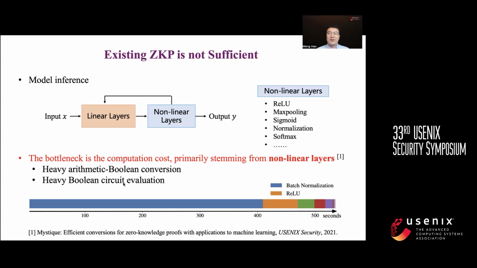For example, the evaluation of nonlinear functions consumes about 8 minutes for one inference on the ResNet model, which accounts for more than 80% of the total inference runtime. This is caused by the heavy arithmetic-Boolean conversion and the Boolean circuit evaluation of nonlinear functions.